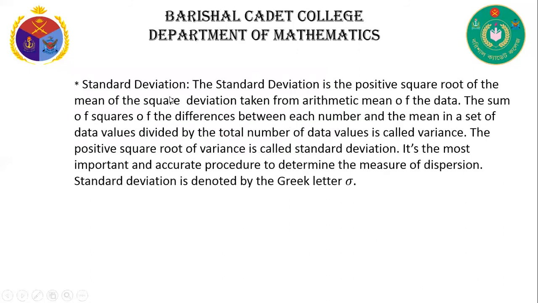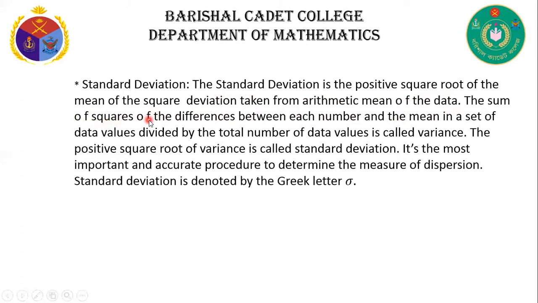Now standard deviation. This is the most important part in this chapter, standard deviation and variance, and it's also important for your exam. The standard deviation is the positive square root of the mean of the square deviation taken from the arithmetic mean of the data.